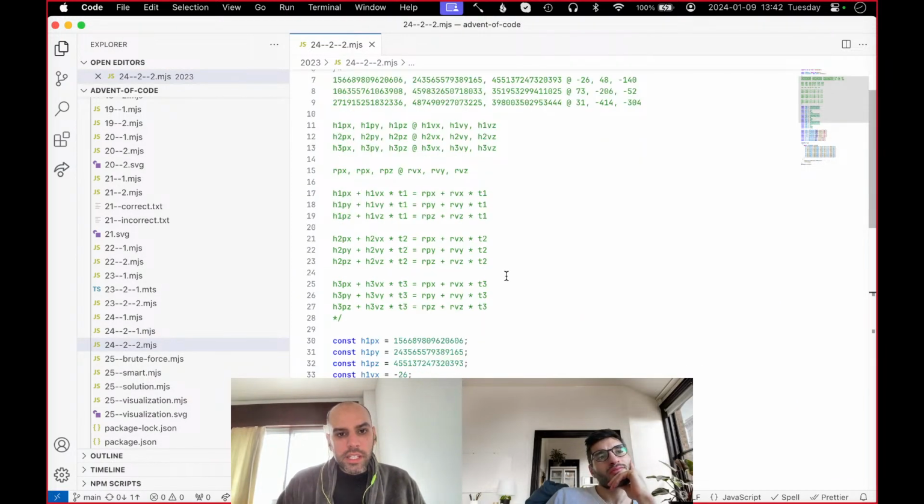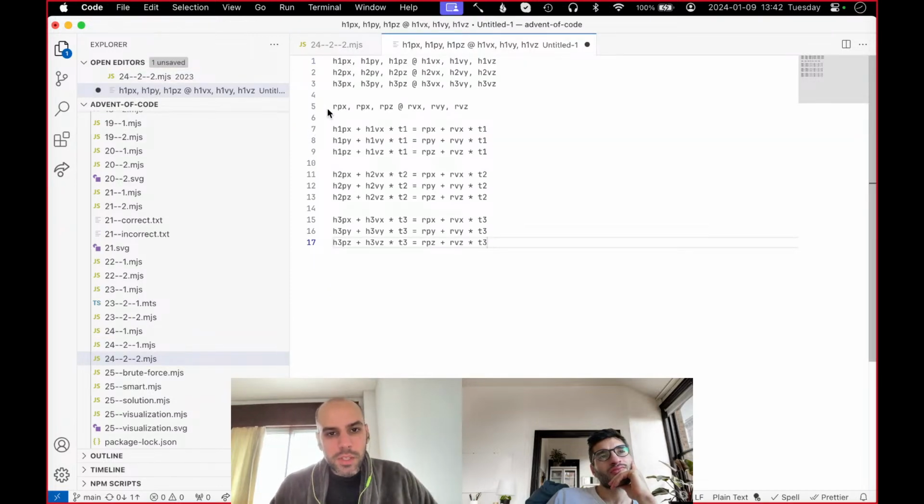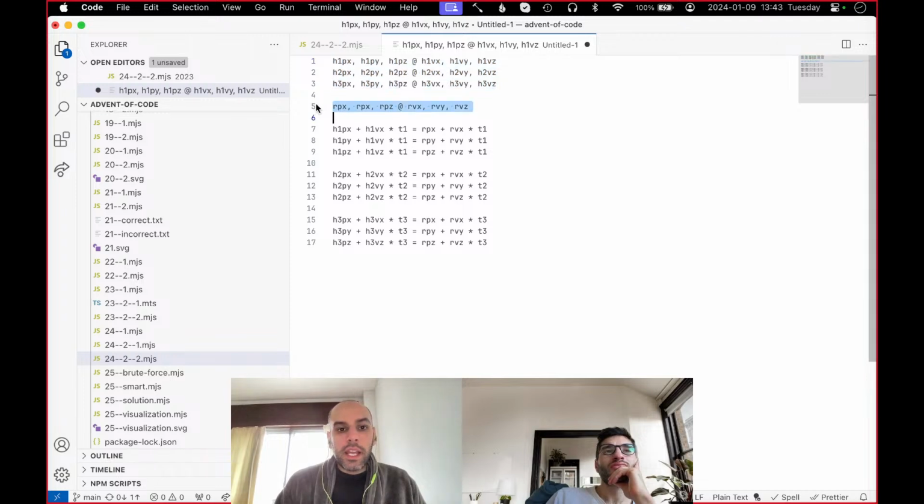And the sets of equations, I will paste this into a separate buffer so I don't spoil the rest. So if you look at the 3 hailstones that actually matter, the 3 that will determine the solution, and the rock, then you can write equations like this that are fairly straightforward.